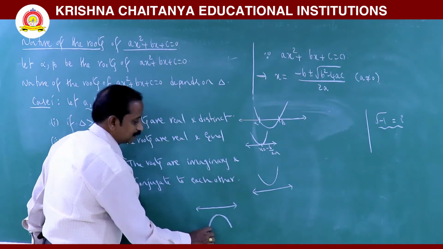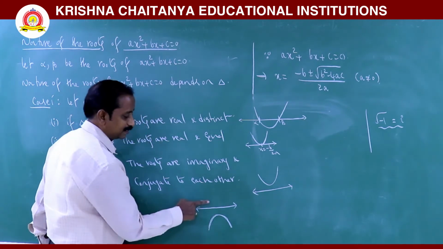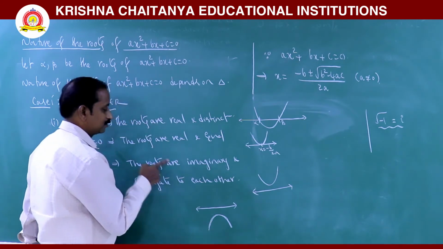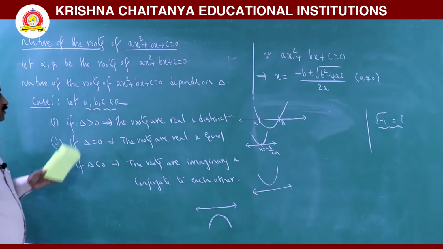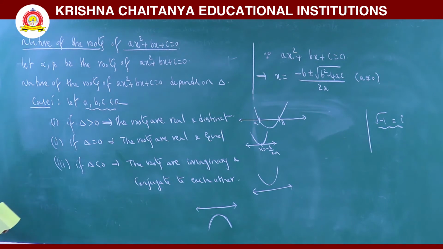If it does not touch or intersect the x-axis, the reason is there is no real root. So this is case 1 when a, b, c belong to R.